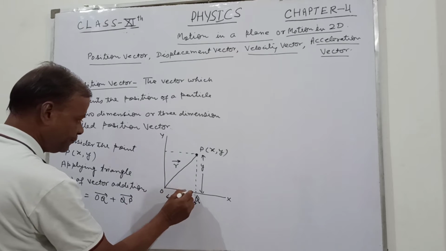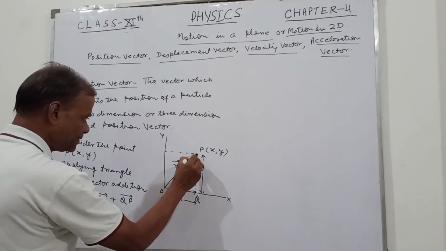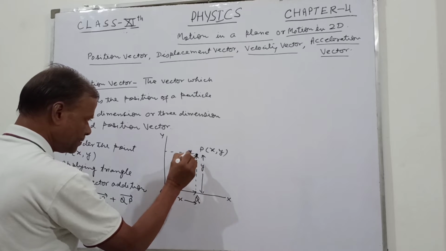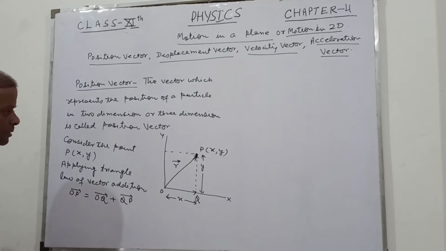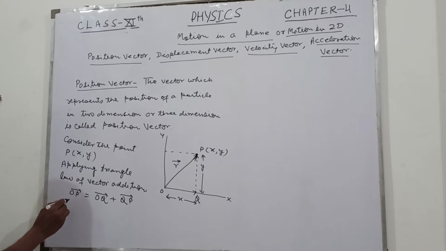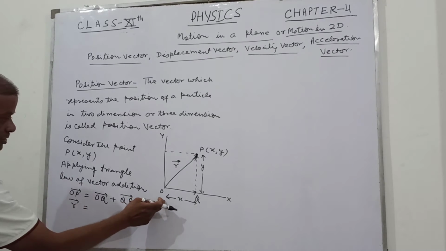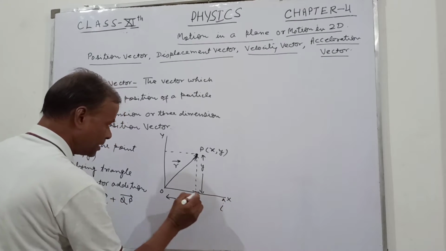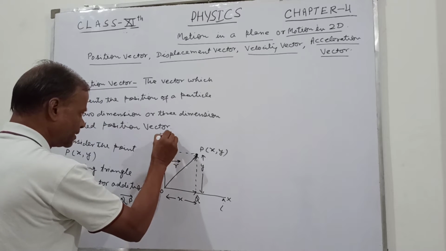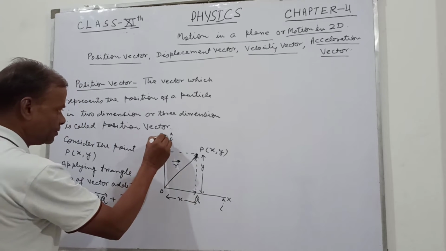OP is R. OQ is x, and here we take the unit vector i, and along y the unit vector j.